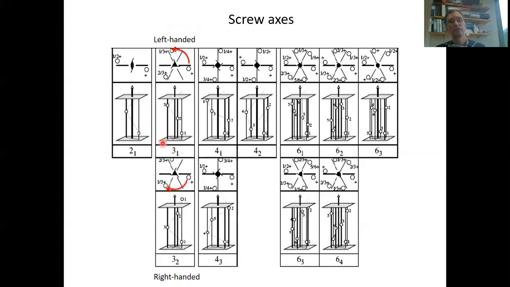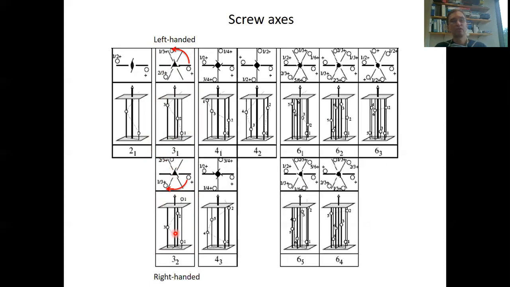No, actually, the 3-2 is the mirror image of the 3-1. Oh, okay. I wanted to get to this point in a moment. So these two screws which are being produced here are mirror images relative to each other. And these two mirror images are not superimposable, like two enantiomers are not superimposable.